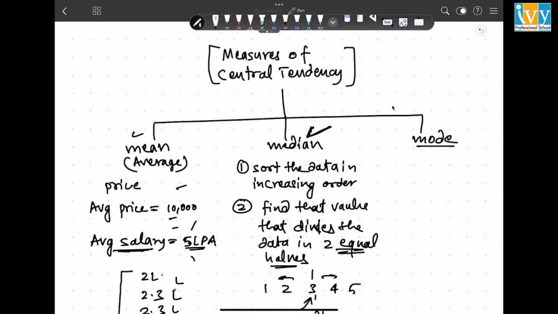Mode value is for categorical data, or quantitative data. I should say quantitative data, because numeric data can also be categorical. So this is for categorical data.